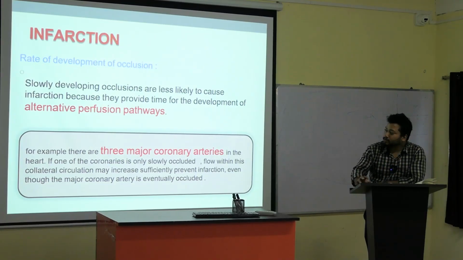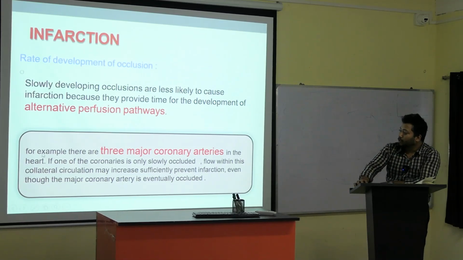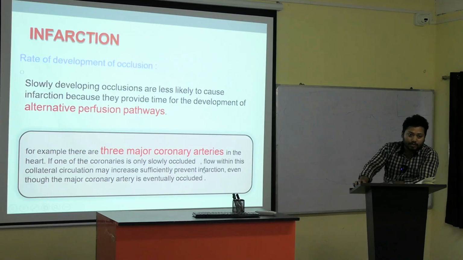This is known as an alternative perfusion pathway, which means it's creating another blood vessel for better blood flow. For example, with the three major coronary arteries in the heart, if they are only slowly occluded, flow within the collateral circulation may increase sufficiently to prevent infarction.